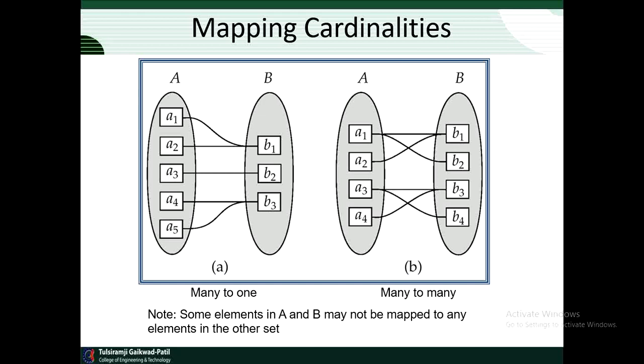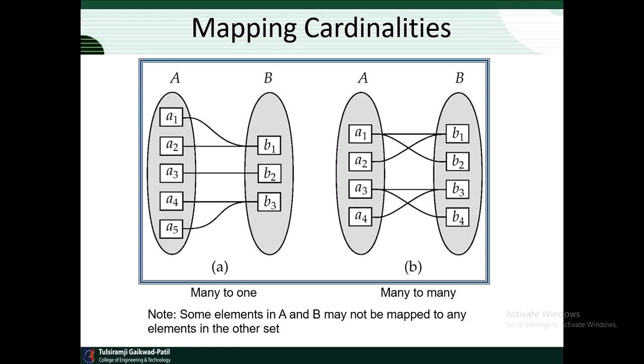So A1 and A2 of entity set A are associated with only one attribute of entity set B. That is, many attributes, more than one attribute from entity set A, are associated with one attribute of entity set B. Likewise, A4 and A5 of entity set A are associated with only a single attribute, that is B3 of entity set B. This is what many-to-one mapping cardinality is about.